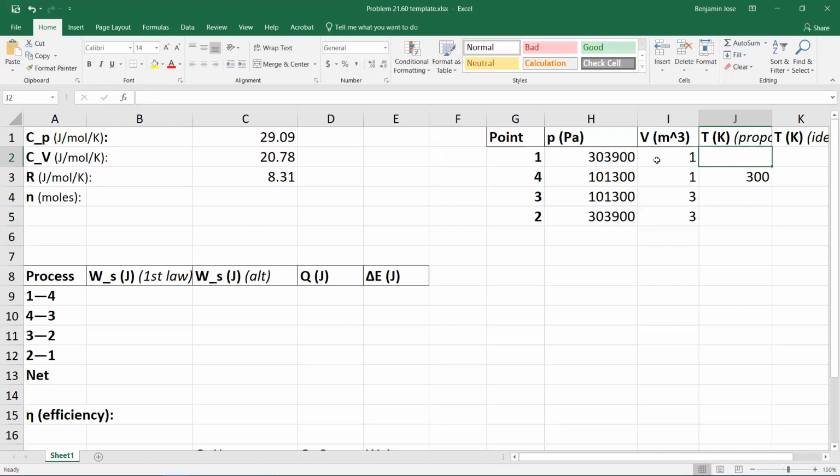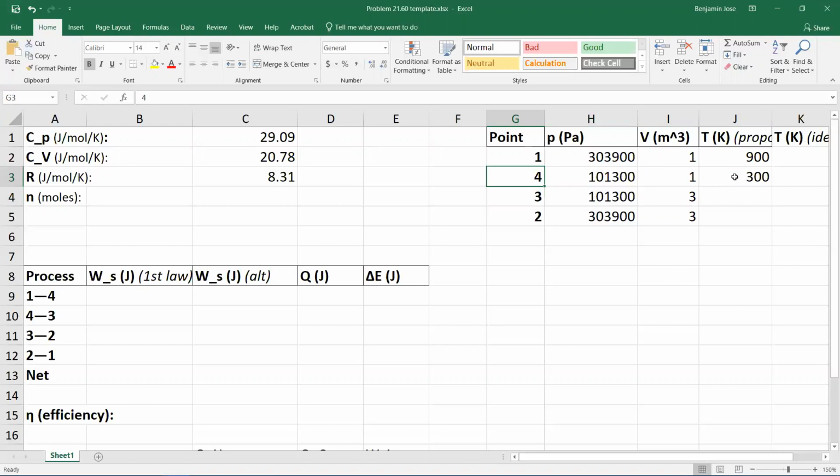Okay, and now the proportional reasoning that I just went through. Remember I was imagining going from the bottom left to the top left. In order to triple the pressure, I would have to triple the temperature. So this temperature should equal the temperature at the bottom times a factor of 3. And then to go from state 4 to state 3, here's bottom left, here's bottom right.